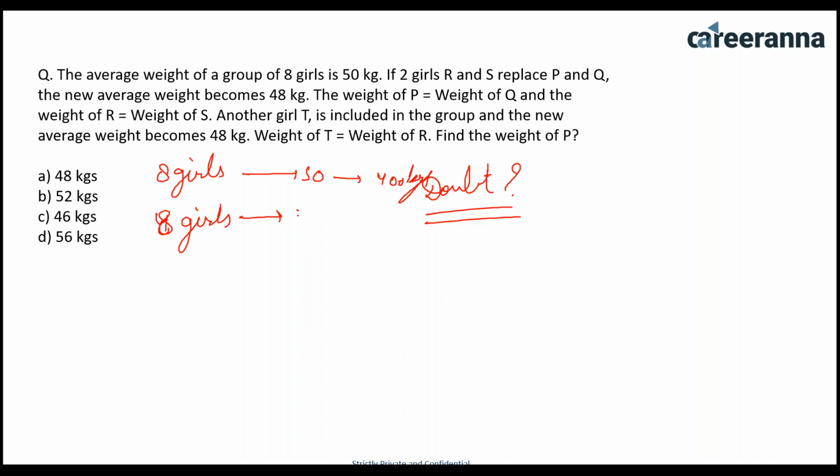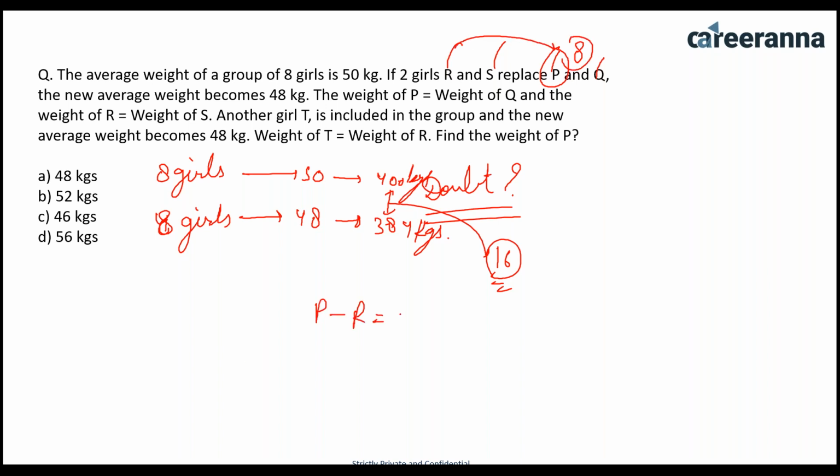So it will be 48 multiplied by 8, which is 384 kgs. There is a difference of 16, and 16 is there because of R and P and S and Q. That means P has 8 extra than R, right? P minus R equals to 8. Is it clear to everyone?